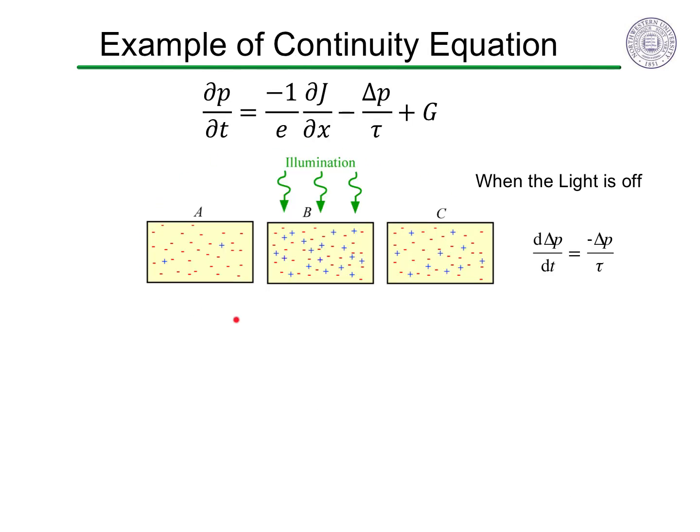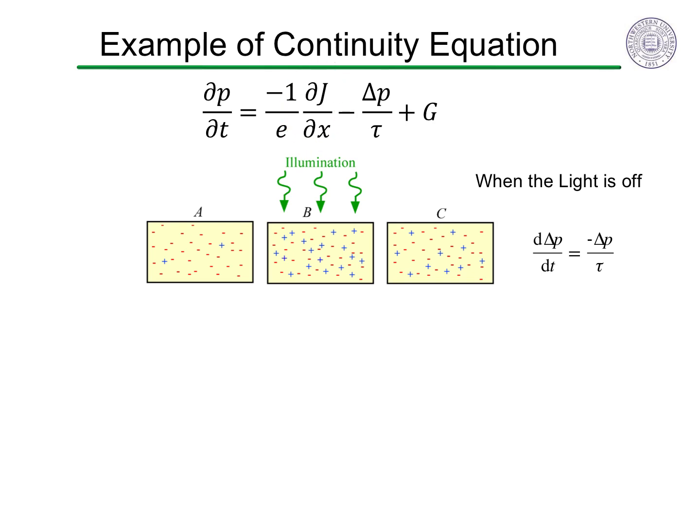For example, when we discussed the recombination of holes after illumination, we said the rate of change in the hole concentration is negative delta P over tau. When the light is off, the generation term G is 0. Also, we were approximating a homogeneous illumination, so there should be no charge flow in any direction, so no divergence or gradient of J.